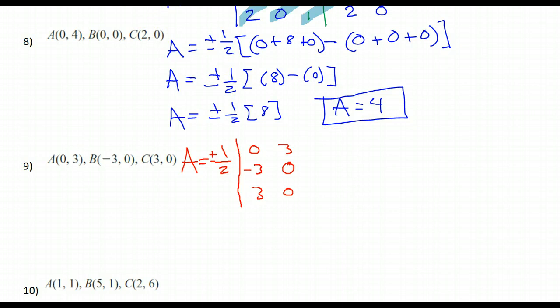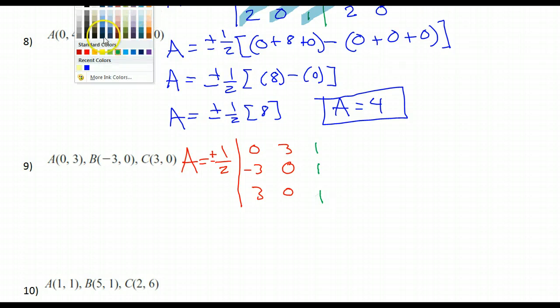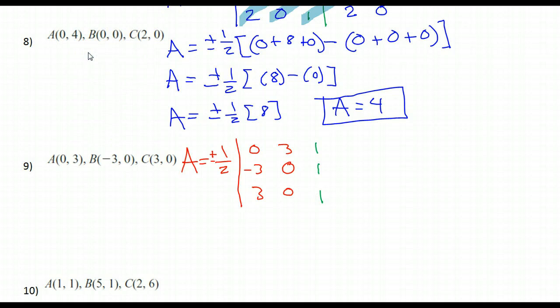Okay. And I put a bunch of 1s here. 1, 1, 1. And then I recopy. So 0, negative 3, 3. And 3, 0, 0.